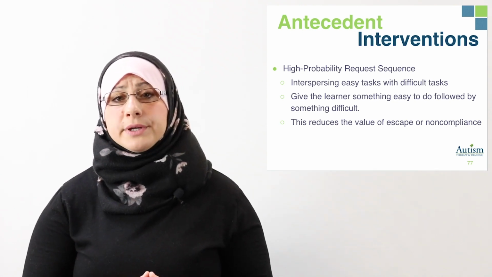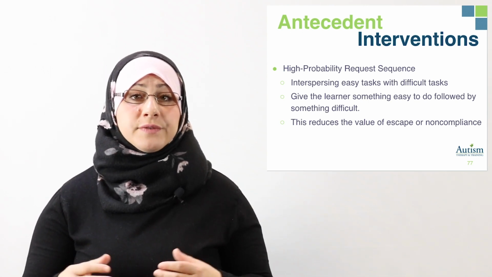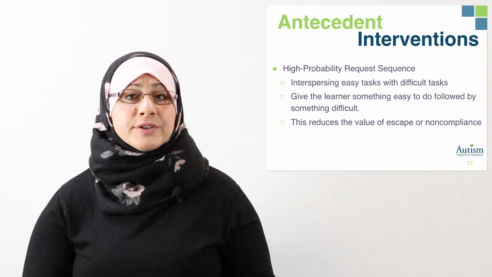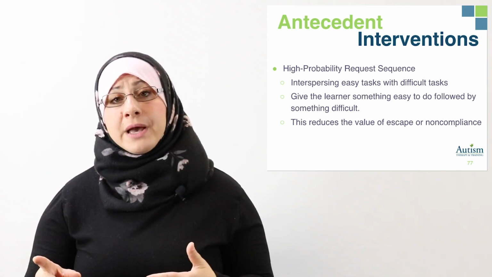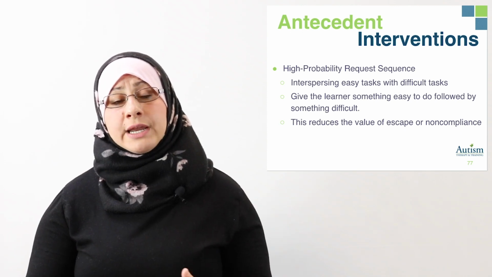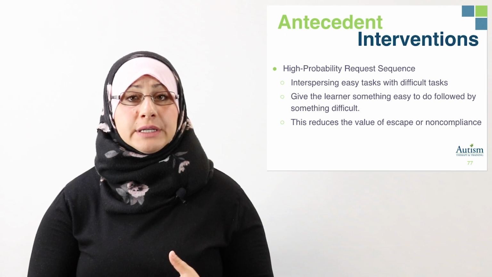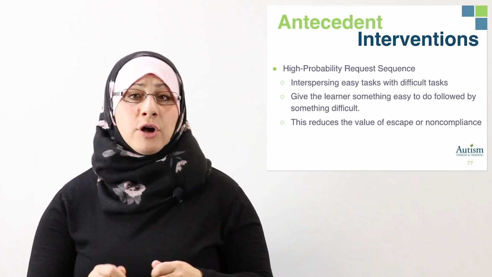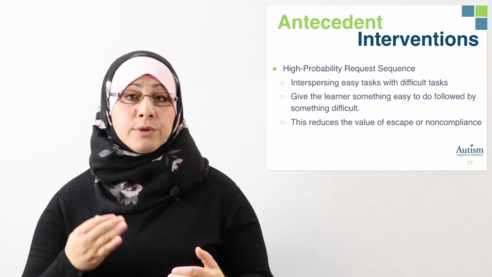So with high probability request sequence here, we're interspersing easy tasks with difficult tasks. Give the learner something easy to do followed by something difficult. If you think back to our discrete trial training, one of the things that you saw there was my use of the high probability request sequence. So we have all their targets written on cue cards, and we go through them very quickly.